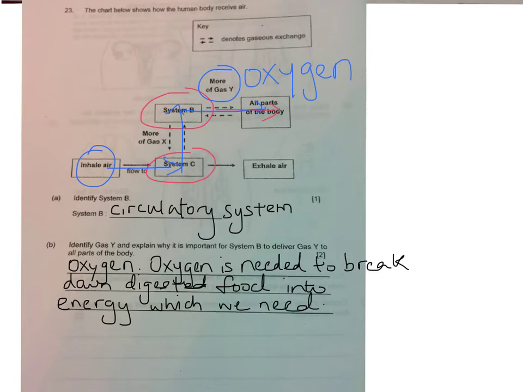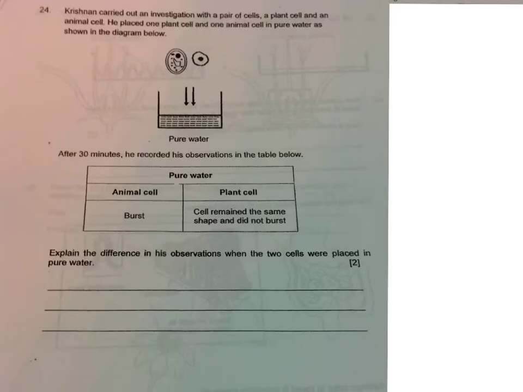So oxygen is important because it's needed to break down digested food into energy which we need. That's why when we exercise, we need more oxygen. This is the main reason.